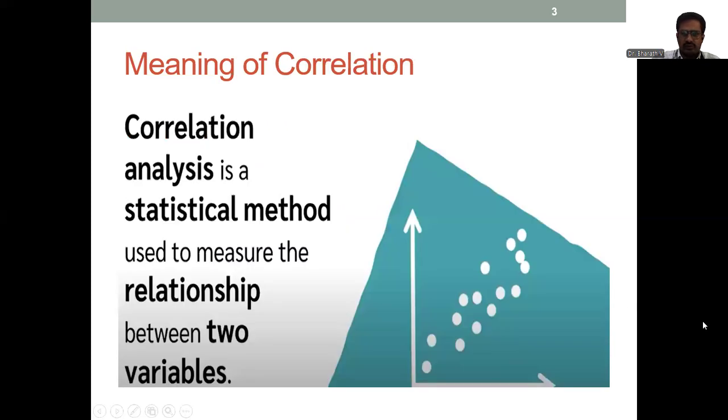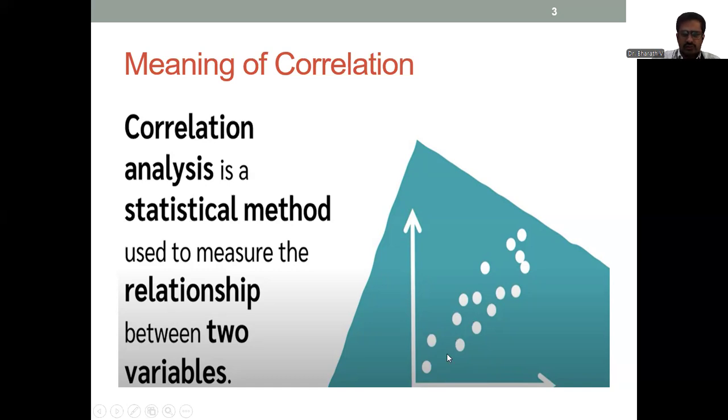So first of all, what exactly is correlation, and why are we using it? Mainly to measure the relationship between two variables, in terms of direction: whether it is a positive correlation or a negative correlation, whether they are going in the same direction or the opposite direction, or there is no correlation.